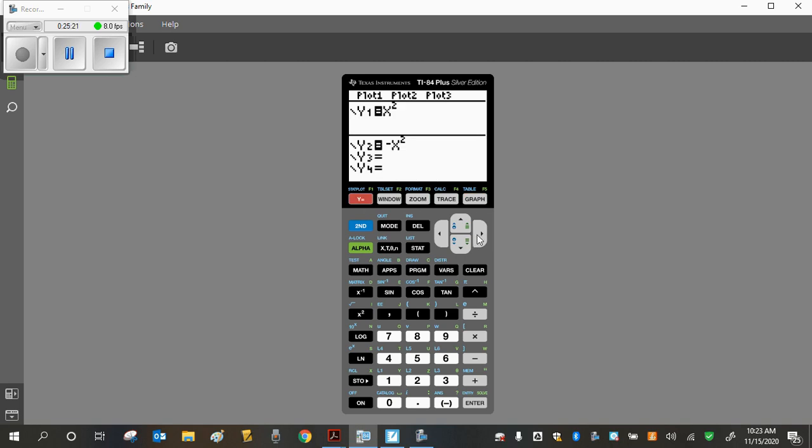And anything that's x squared plus 7, or negative x squared subtract 1, are still parabolas. Those are called parabolas.